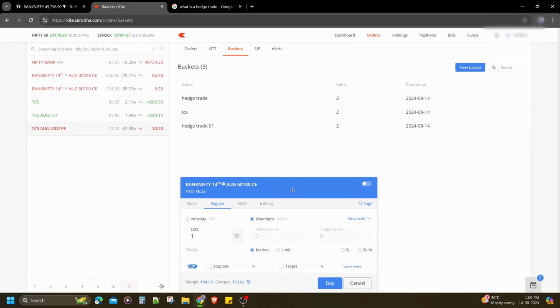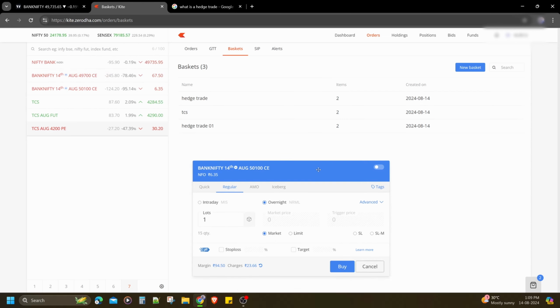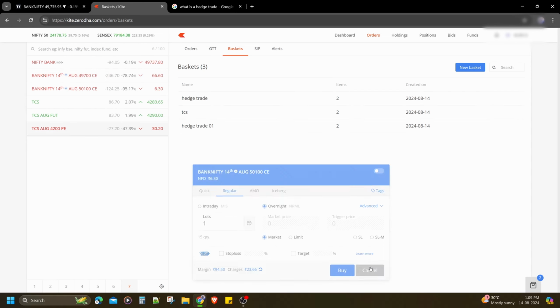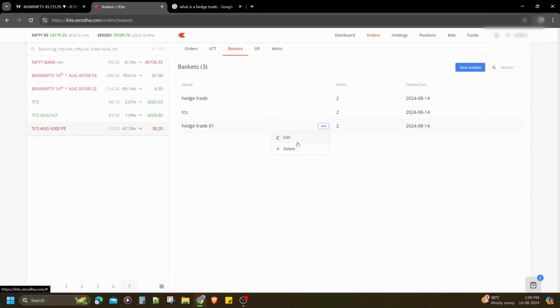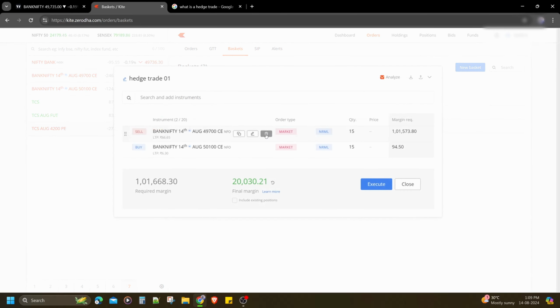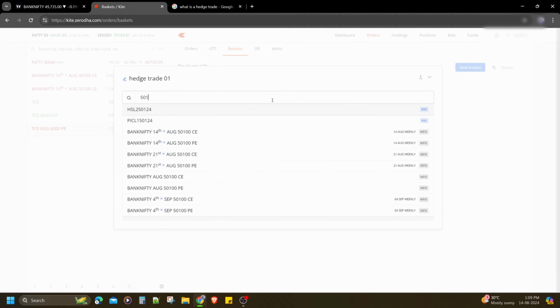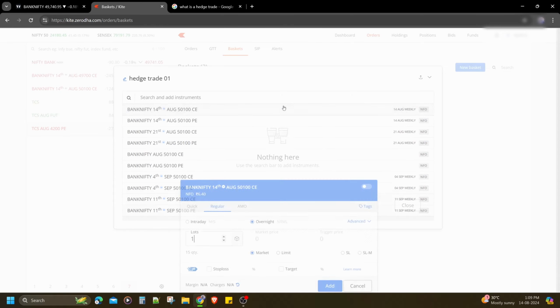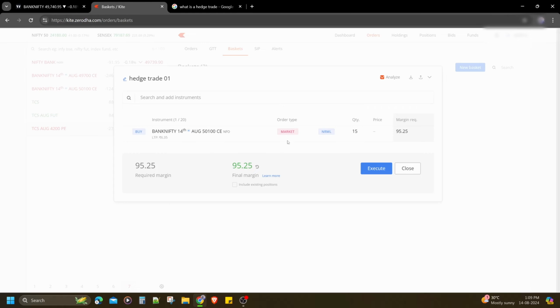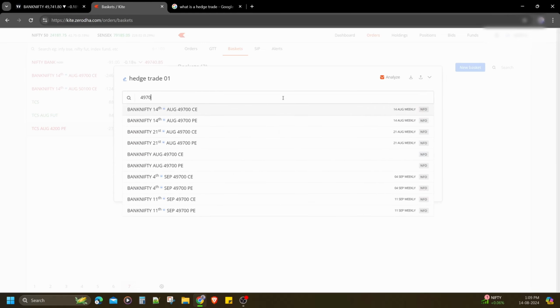Okay, never ever try to execute the main option first. First execute the hedge trade, and only then execute the main trade.